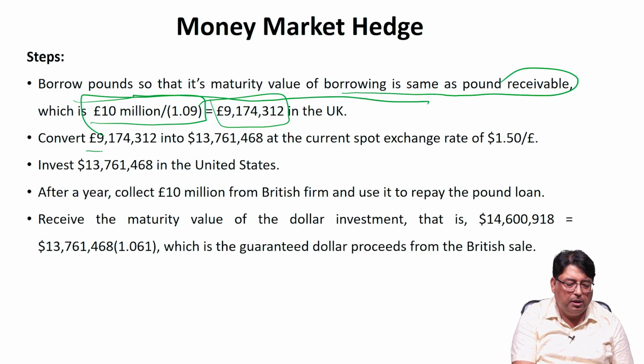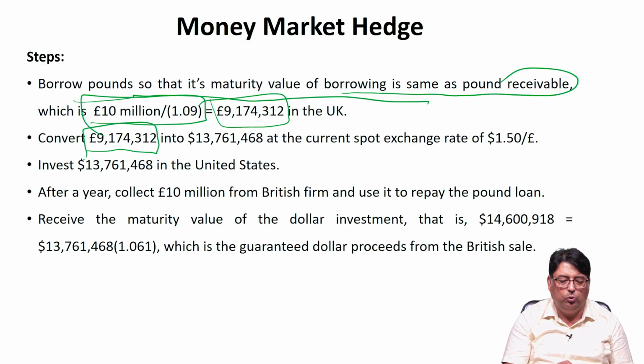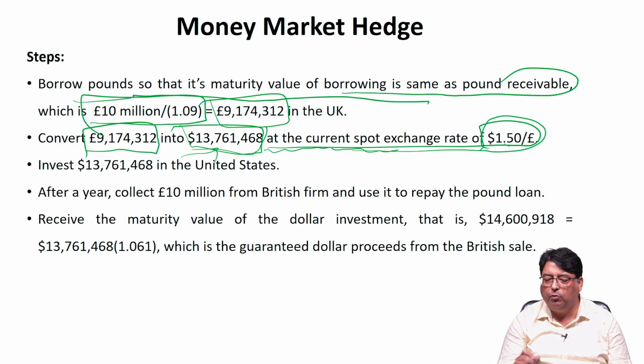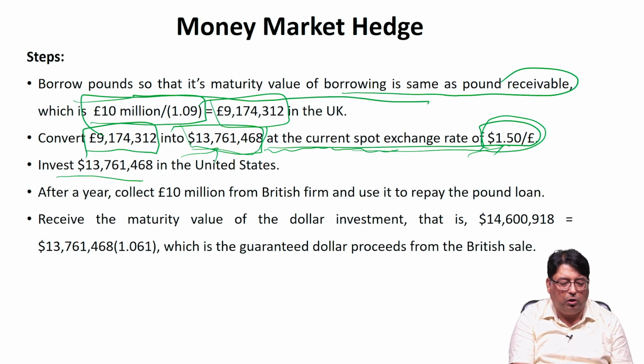Now, convert this amount of pounds at the spot rate. So, it is convertible at the current spot exchange rate of $1.5 per pound. We are assuming the spot rate is 1.5. Now, invest this much dollar amount in the US market.